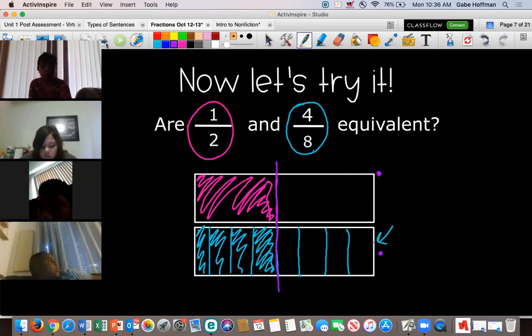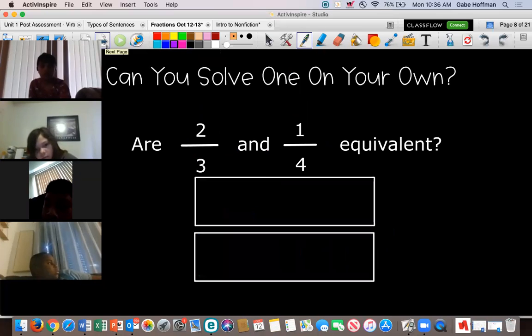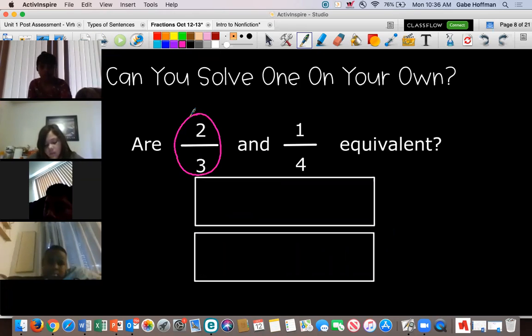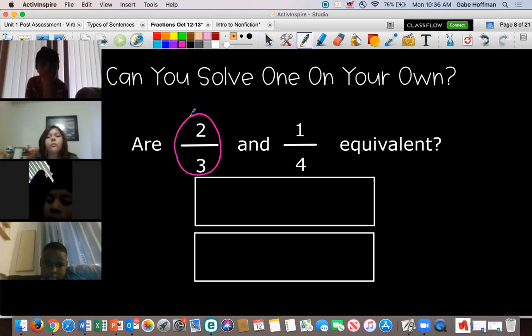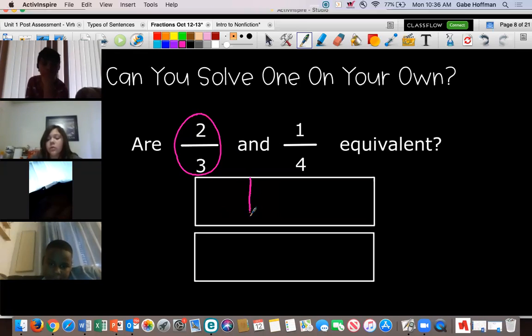So we're gonna do another one. Okay, Michael, how many equal parts am I gonna divide my first square into if we're doing 2/3? 3 equal parts.